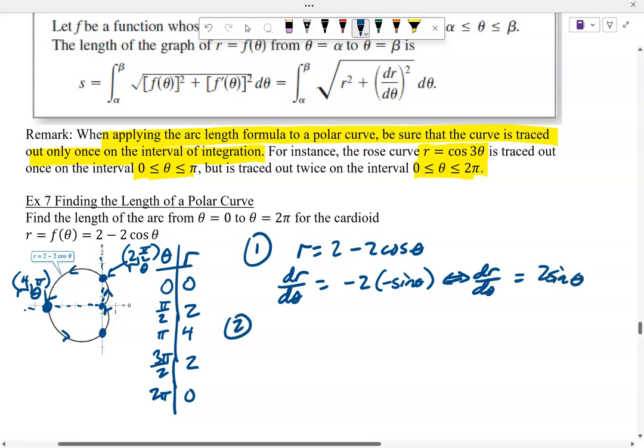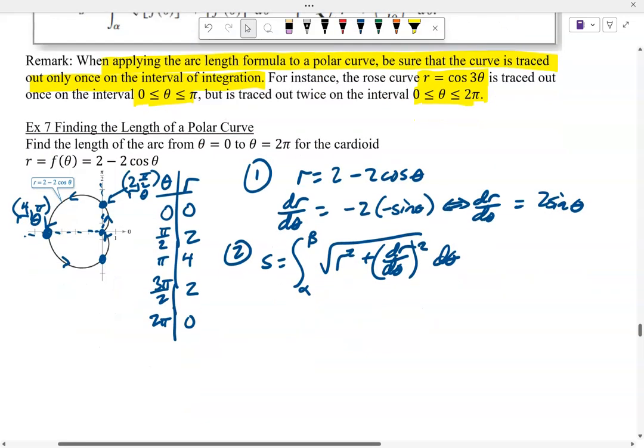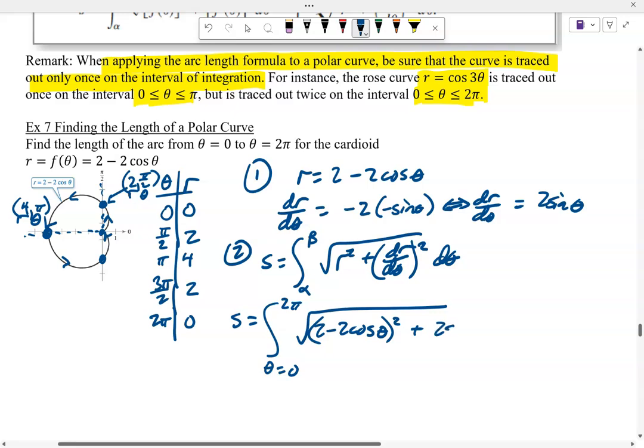Now let's go ahead and find the arc length. The arc length is the integral from alpha to beta of the square root of r squared plus (dr/d theta) squared d theta. So we're going to go from theta being 0 to 2 pi. Our r here is 2 minus 2 cosine theta, and that's being squared. dr/d theta is the 2 sine theta, and that's being squared, d theta.